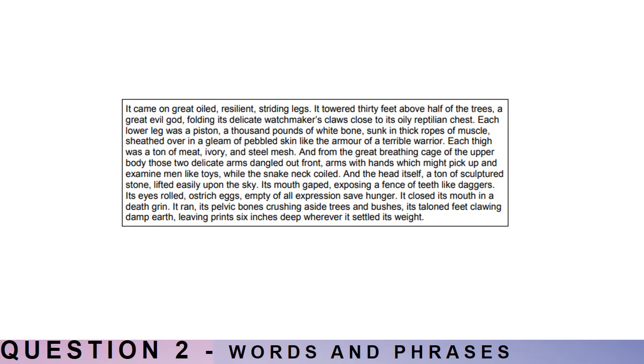Now this is a brilliant passage because there's so much that we could pick out. So I'm going to start just by thinking about words and phrases within this passage, that first bullet point of the question. I might start by looking at that word towered, which instantly shows the enormity of the creature.